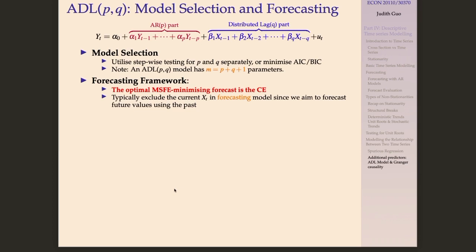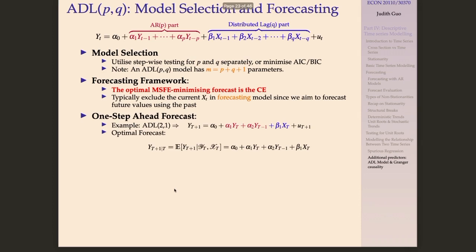And one thing you have to be a bit careful about is that if we're interested in forecasting, think about what is meant by forecasting. We are using the past to forecast the future. So we want to forecast future YT using past information of X and Y. Then typically we'll exclude the current XT in forecasting.